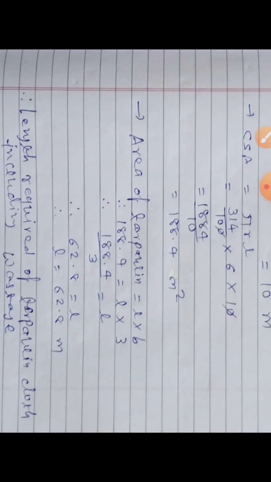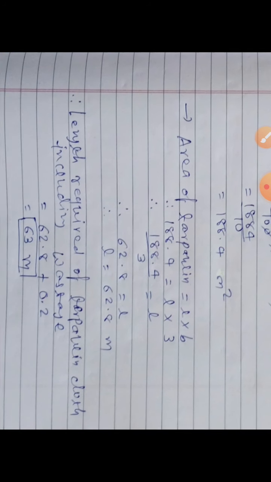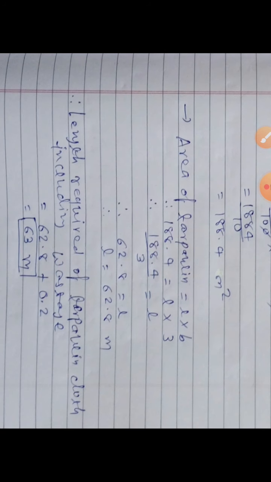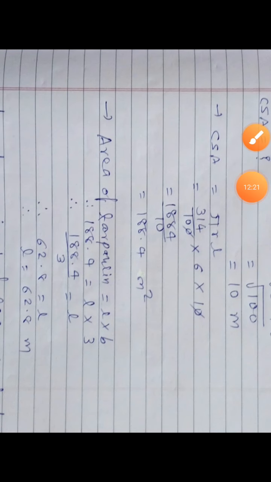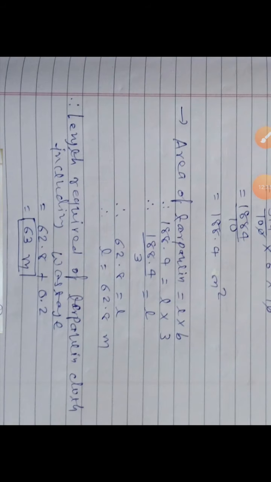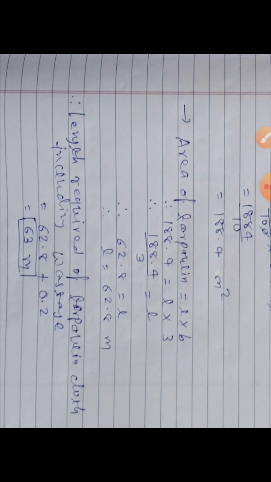So we added 20 centimeter. 20 centimeter means 0.20 meter, so 20 centimeter is converted into meter. So it becomes 63 meter.